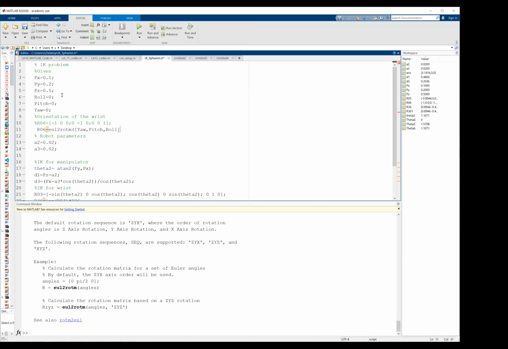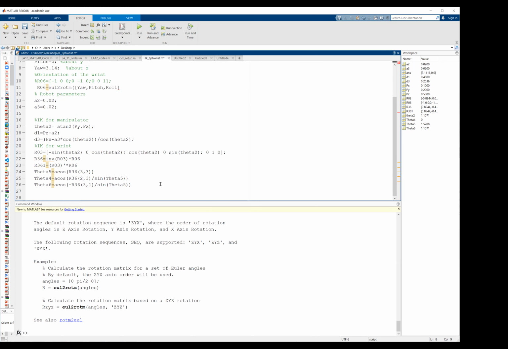So this is about X, about Y, and about Z. Just to be consistent, I would just say 3.14. Now if you want to convert everything to degrees, here is what you will do.